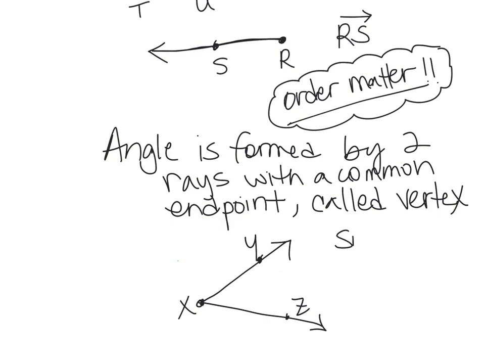The sides of the angle are rays, and we have side ray XY and ray XZ. So when we are asked to name sides, you name the rays. The vertex is X, so we just call it the point.